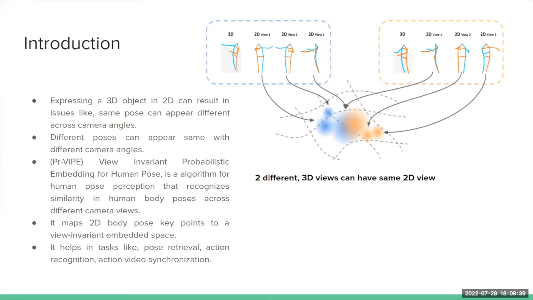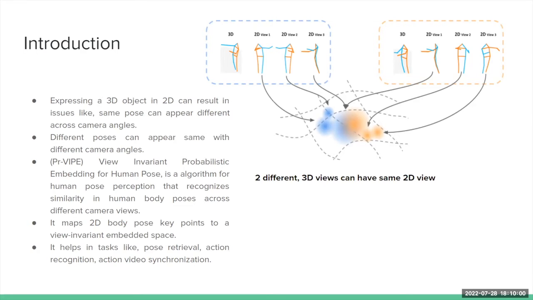The approach is based on 2 observations. First, the same 3D pose may appear very different in 2D as the viewpoint changes. Second, the same 2D pose can be projected from different 3D poses. Talking about the first observation, it motivated the need for view invariance.